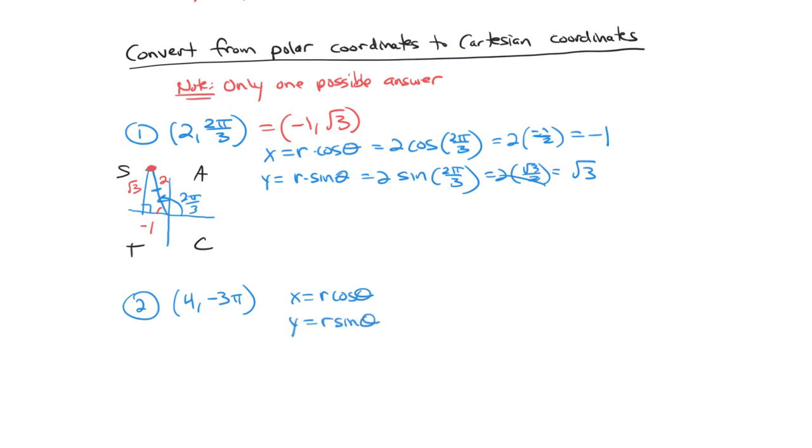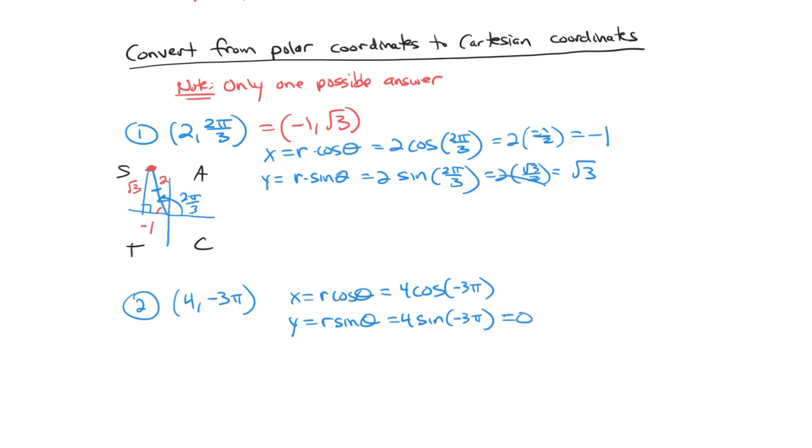If we just plug in right from the start, x equals r cosine theta, we get x equals 4 times the cosine of -3 pi. Y equals 4 times the sine of -3 pi. Now we know the sine function is 0 at all integer multiples of pi. So this is just going to be 0.